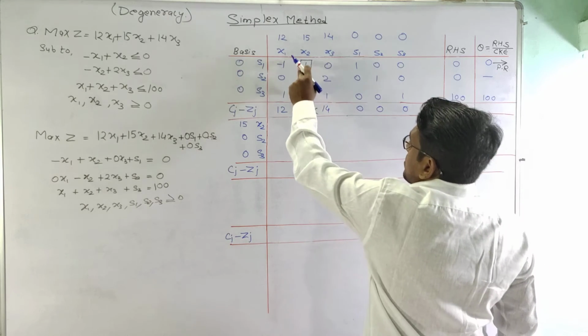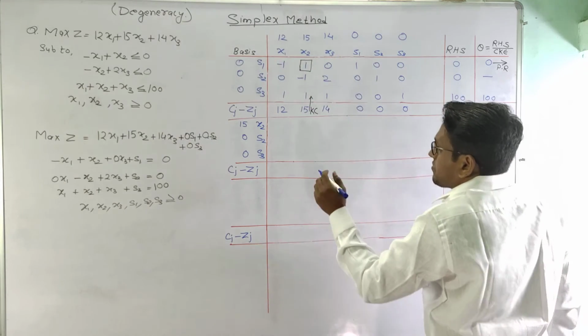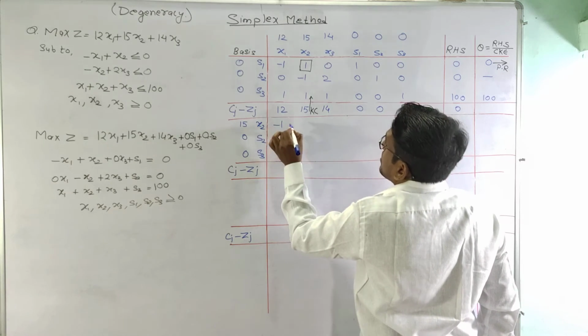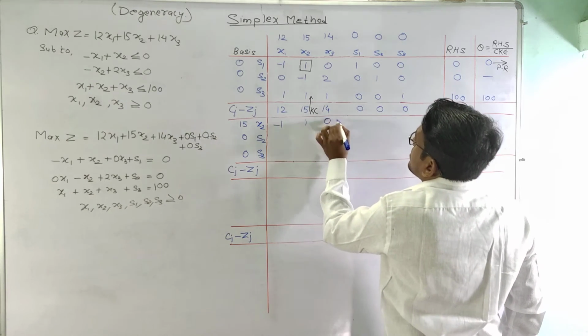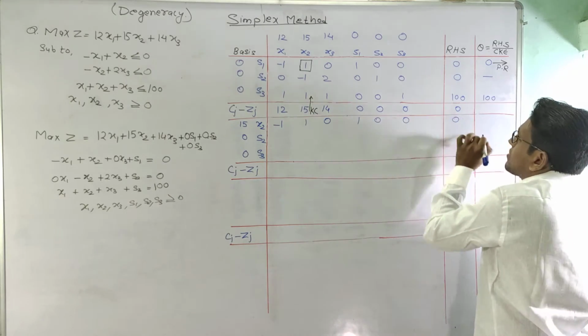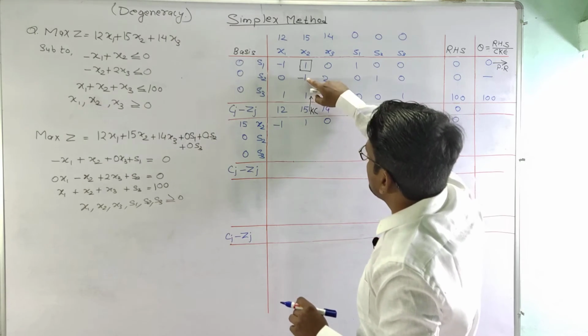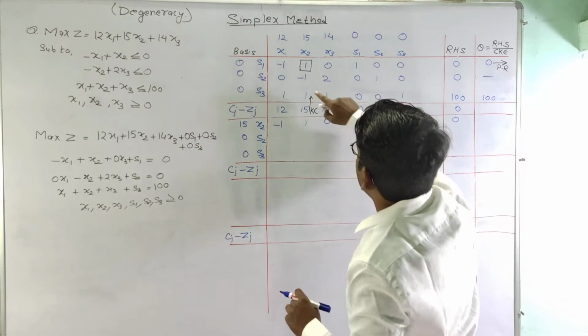So as it is already 1, I will directly write this equation. This will be minus 1, 1, 0, 1, 0, 0 and 0. Similarly, if this has to be 0, what I will do is row 2 minus new row 1.